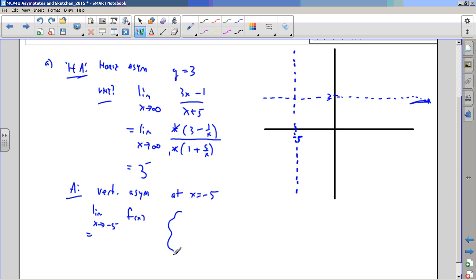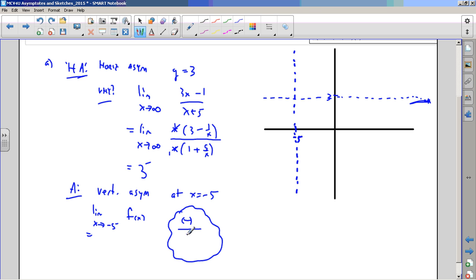Now, we sort of do this rough work in our head. There's our function. When x is close to minus 5, the top is close to minus 15, so it's a minus. And on the bottom, when x is close to negative 5 from the left, that means a little bit to the left of negative 5, negative 5.01 and so on, this is going to be a teeny negative, right?